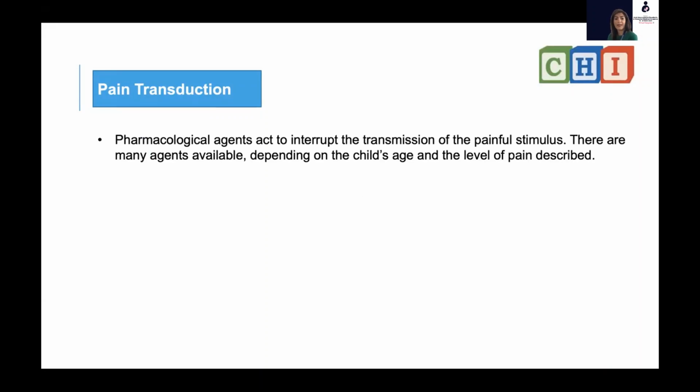For pain transmission, this is the part where we use medications, and many agents are available that interrupt the transmission of the painful stimulus. It depends on the age of the child and the level of pain described or documented. So we can use topical anesthesia or systemic analgesia.